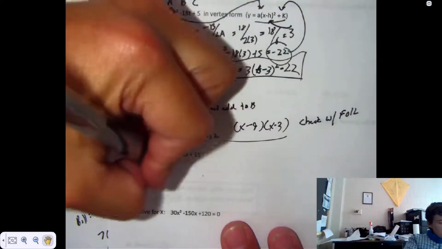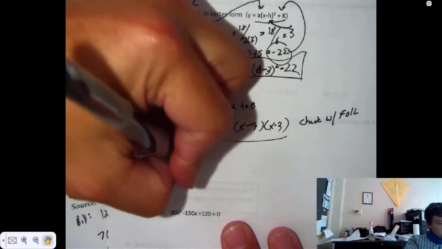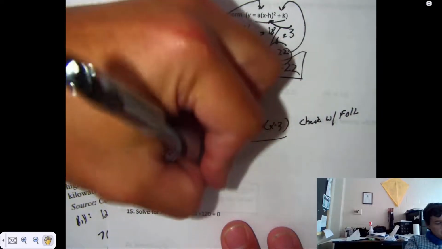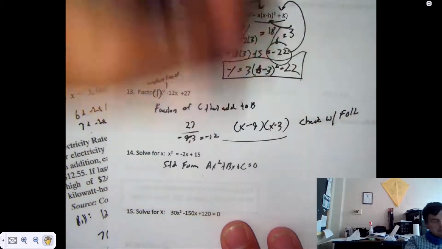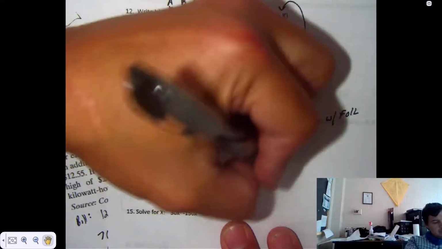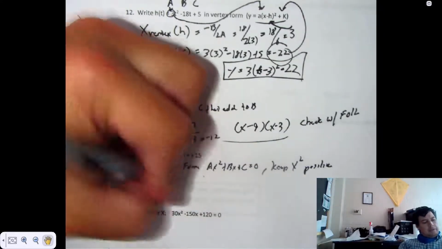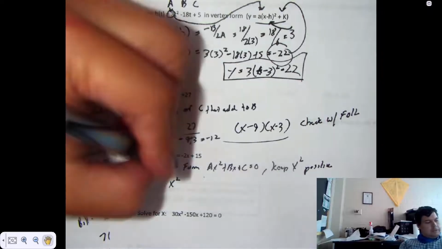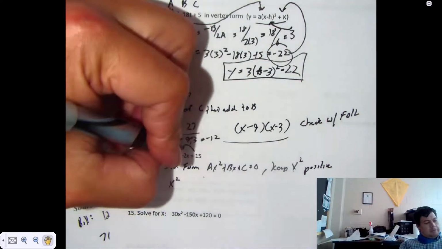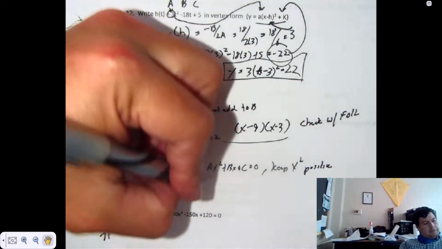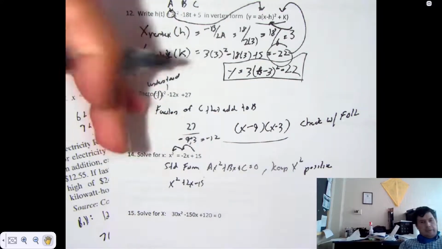14, you need to put it in standard form. You do ax squared plus bx plus c equals 0. And what you want is to keep x squared positive. Also a Sam Laws thing. He moved x squared to the right. So close, but yet so far. So these pieces are jumping left. Plus 2x minus 15. It's an easy one like 13 is.